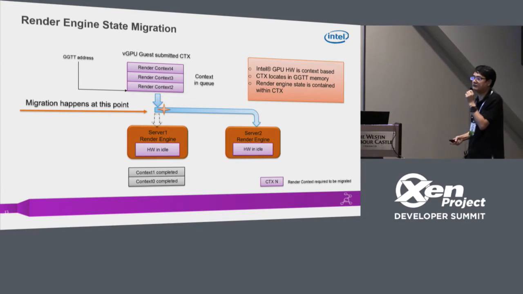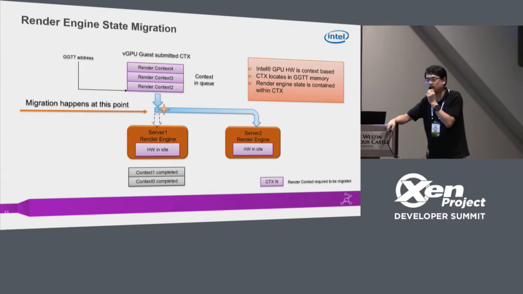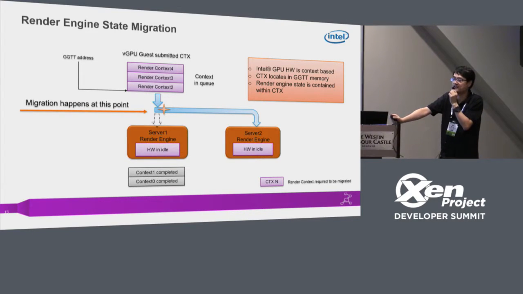Basically, every workload has its context. For example, render context 1, 2, 3, and hardware actually will not care whether it is coming from a VM guest or from the processors.